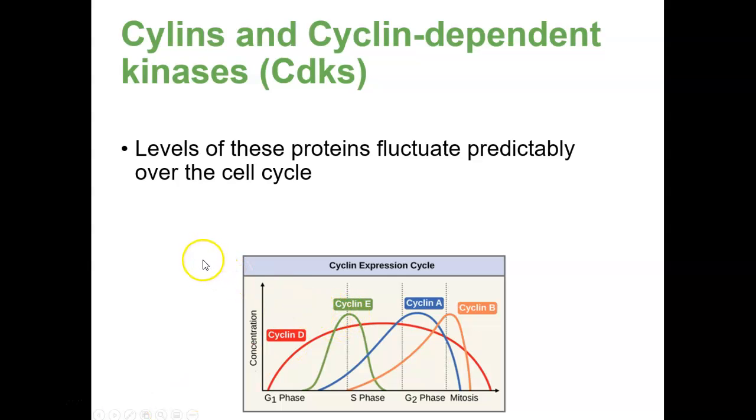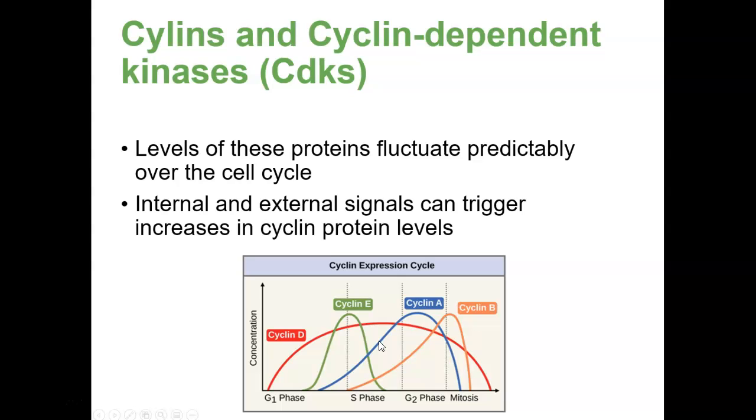So here are these cyclins or cyclin-dependent kinases. These are positive regulators. These cause the cycle to go forward. And you notice that as you go from G1 to S to G2 to mitosis, the levels of various cyclins are going to change. So the internal and external signals will trigger increases in cyclin protein levels.